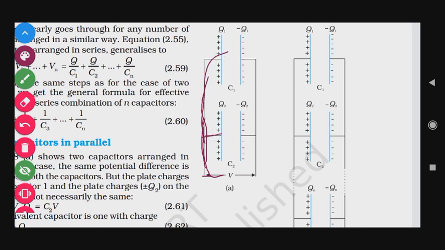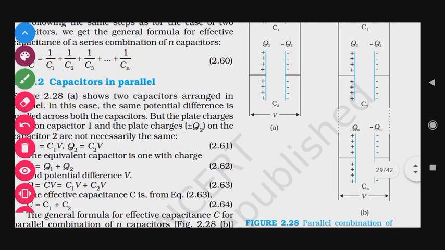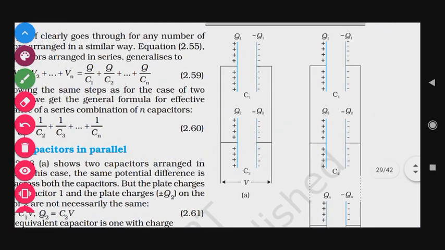Suppose there are 100 charges, and 70 go into this capacitor and 30 go in this direction. Obviously, because the charges have been distributed, the charges will be different on the two capacitors. It is not necessarily equal; it will depend on the capacitance value how much charge each will have.